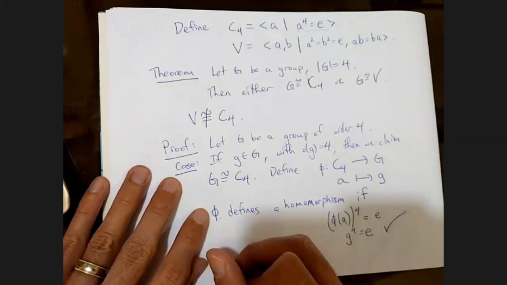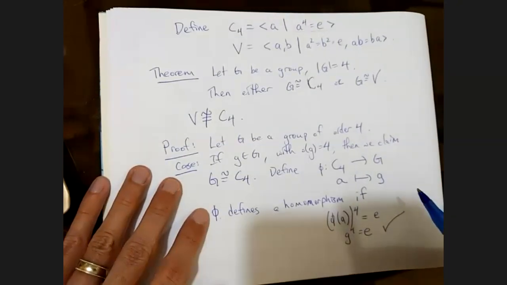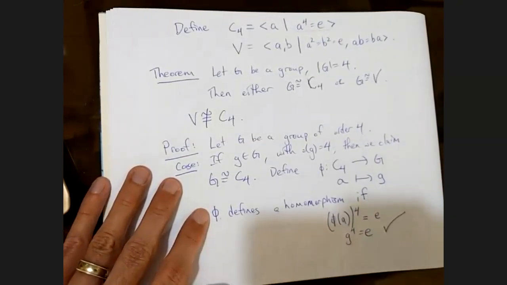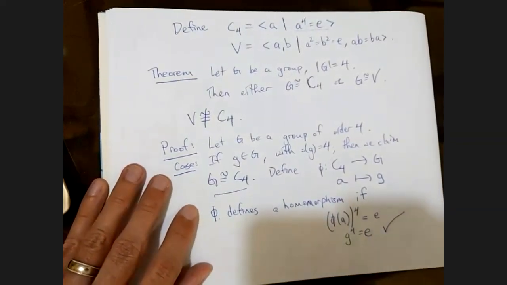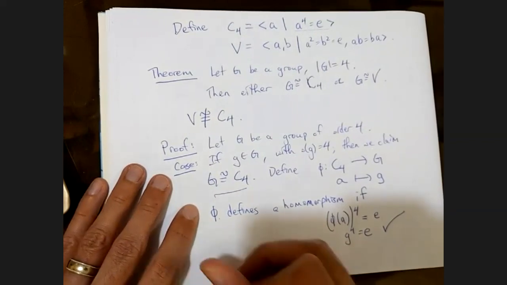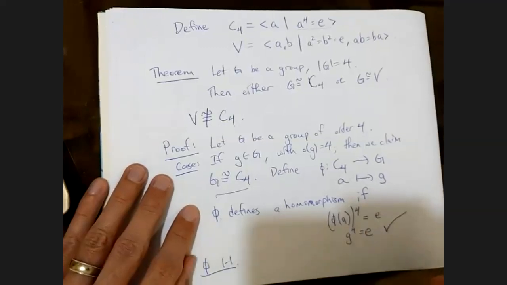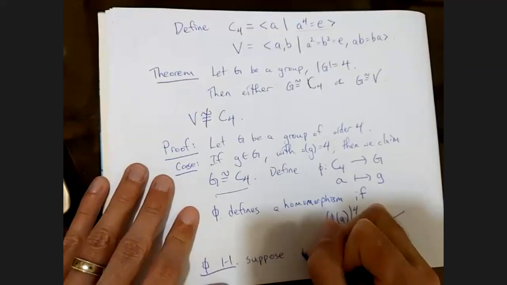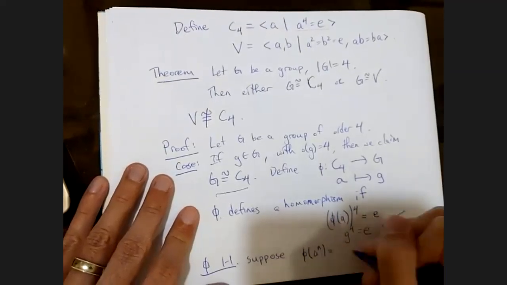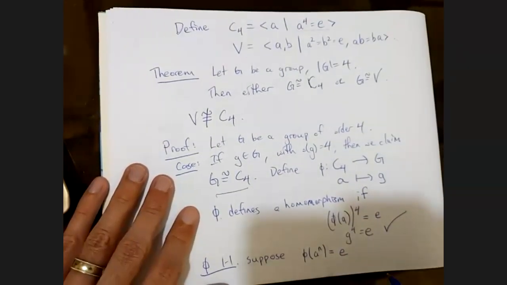So now we have a homomorphism from C4 to my group G. It needs to be one-to-one and onto to be an isomorphism. So we just need to check: is phi one-to-one, and is phi onto? Let's show phi is one-to-one. Suppose phi of A to the n equals the identity. Anything in C4 looks like A to the n.